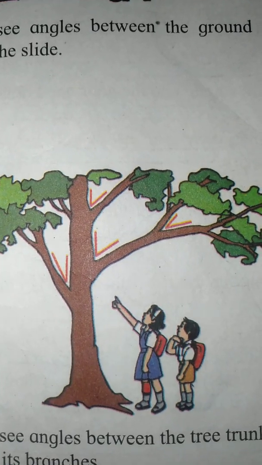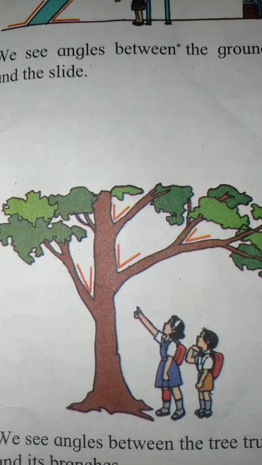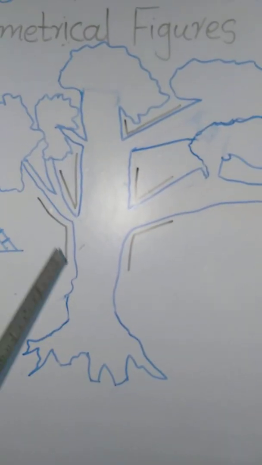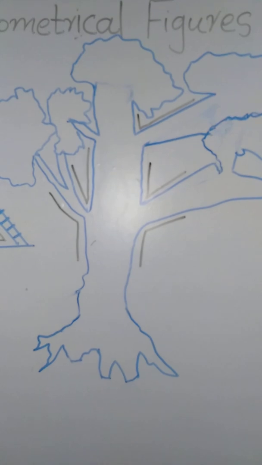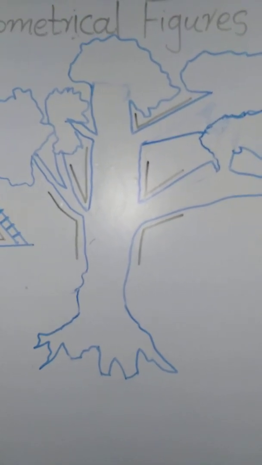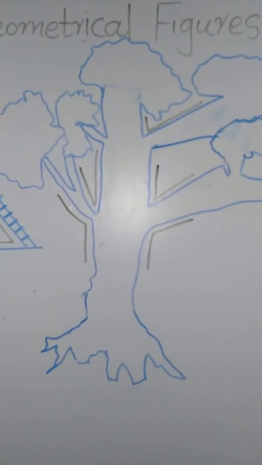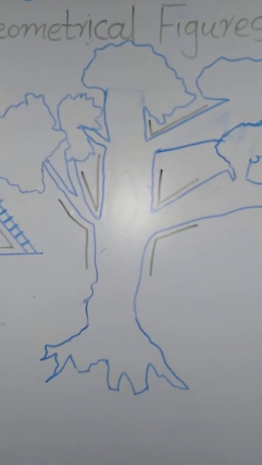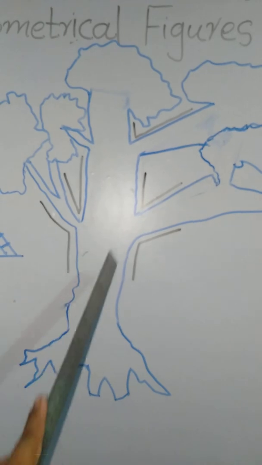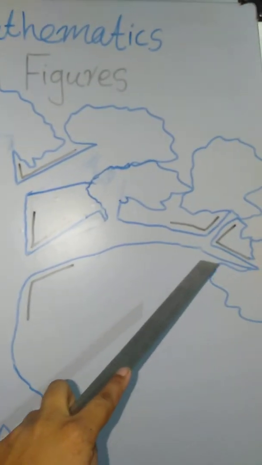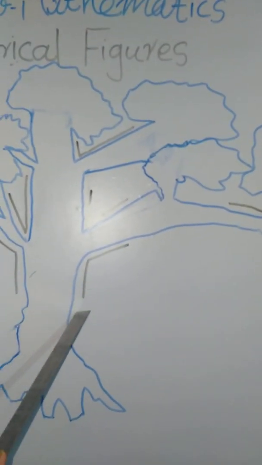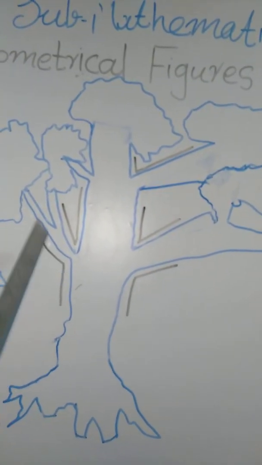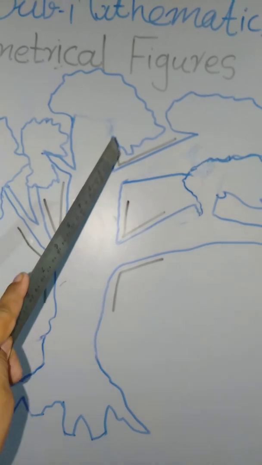Now I am going to explain this example with the help of the blackboard. What is this, students? Yes, this is a tree. We see angles between the trunk and the branches.